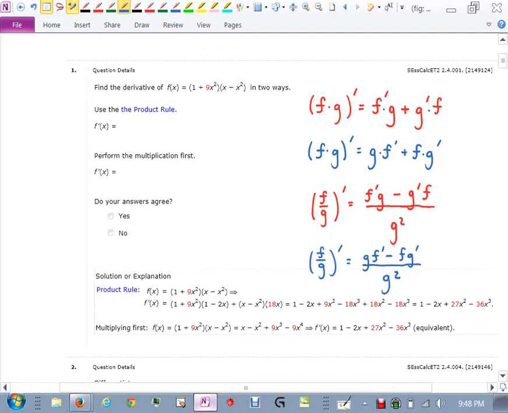So you can see our formulas are almost the same, except that they just commute the multiplication, switch the order of the multiplication. So the formulas are very similar.